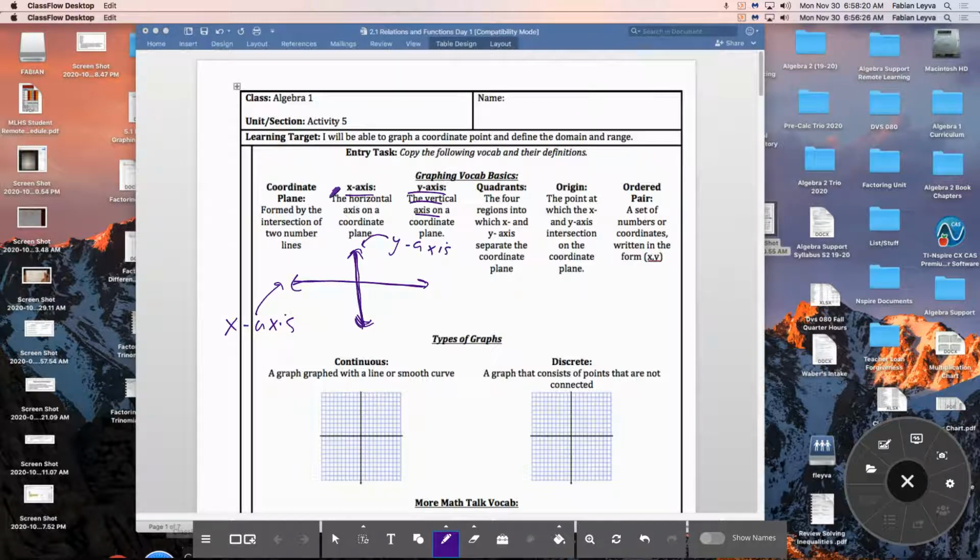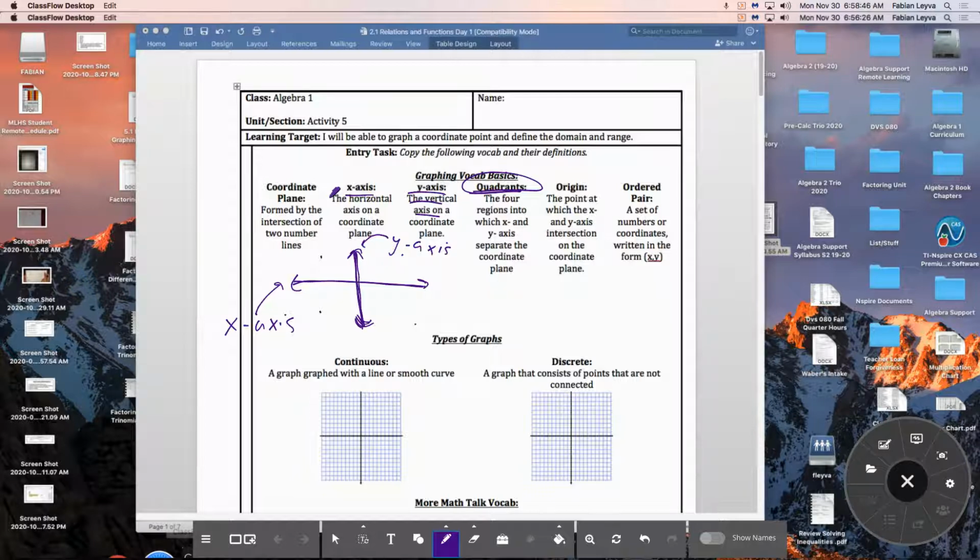I'm sure most of you have seen this in 5th and 4th grade, but I want to make sure you understand it before we go on with what we're trying to cover. Notice that when you make the x and the y-axis, you have a coordinate plane, and you also created 4 different spaces. The space here, here, here, and here. Those are what we call quadrants, the 4 regions into which the x and y-axis separate the coordinate plane.